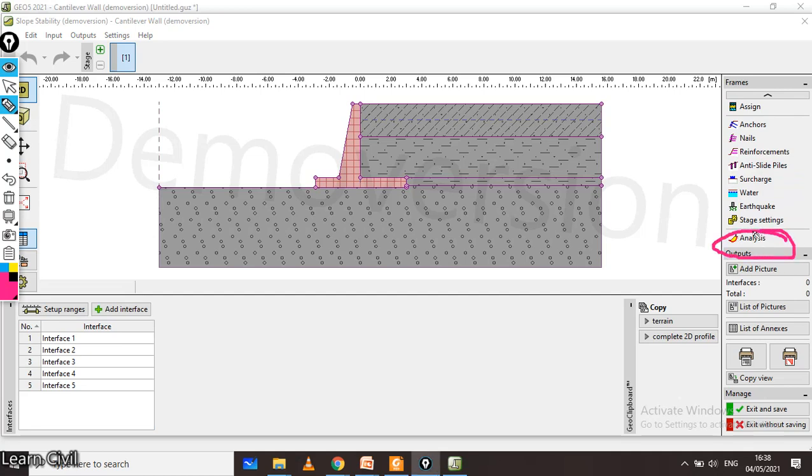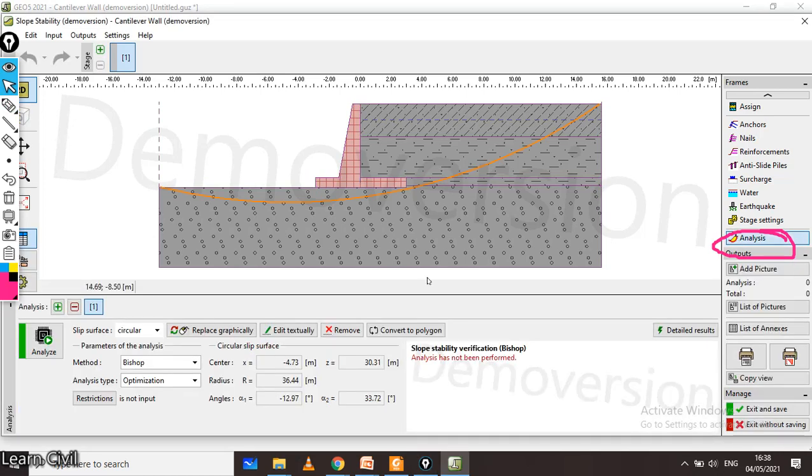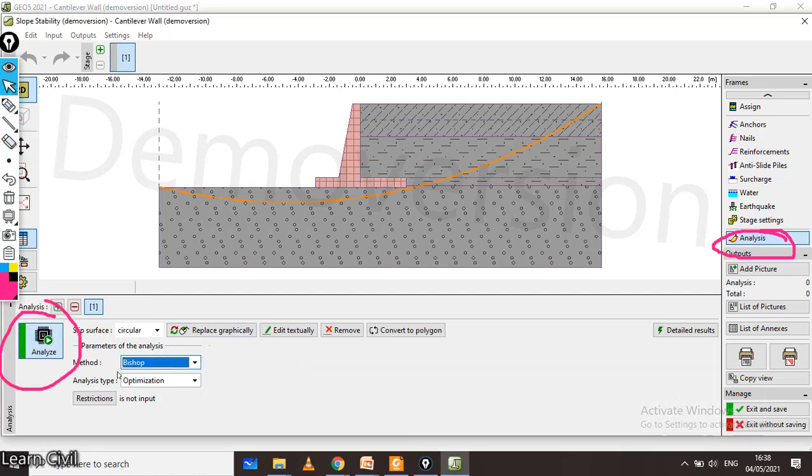Okay, there is some lag, I think. Click here on this analysis option, click on analyze. Just click here. The analysis will run.